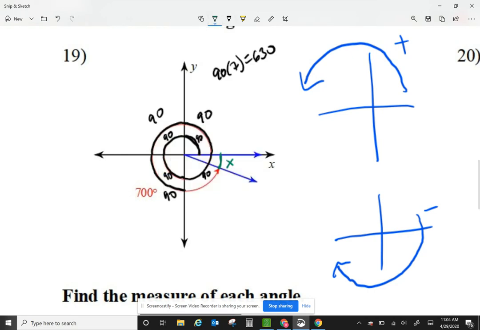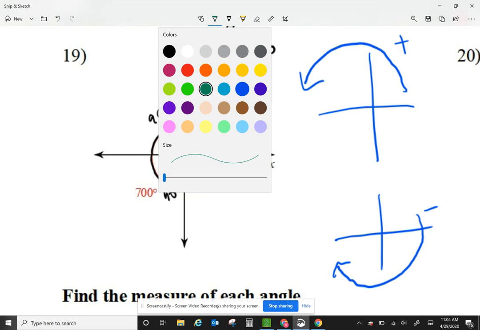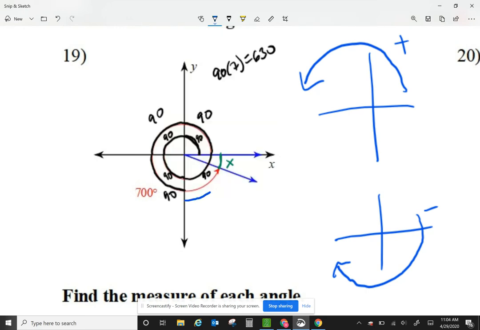So I'm going to say that this angle is 70. Since I have already gone 630 out of the 700, for me to know how much is left, I just went 700 minus 630. So I know that's 70. I know that 70 plus x is 90. I'm just going to say my angle that I'm looking for is 20 degrees.